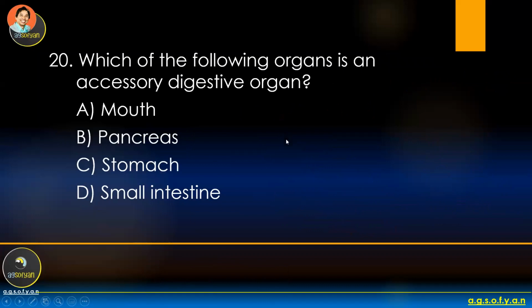Which of the following organs is an accessory digestive organ? Mouth, it is not, because the mouth is GI tract. Pancreas, yes, pancreas is one of the accessory organs. Stomach and small intestine are part of the GI tract or alimentary canal.